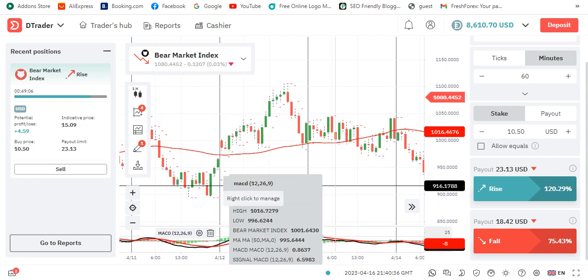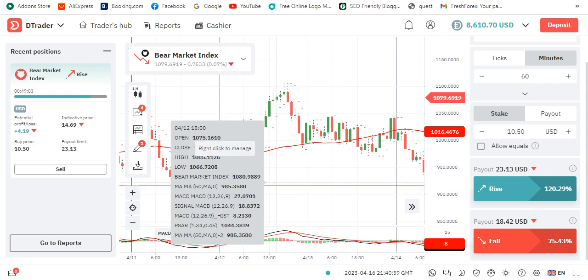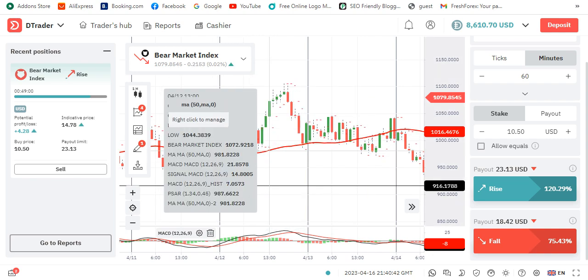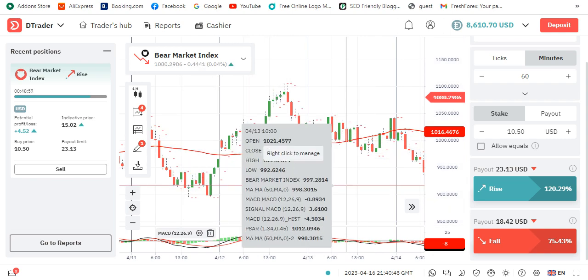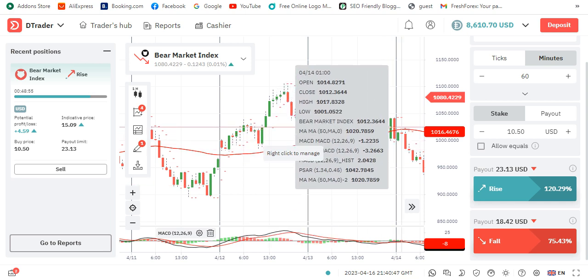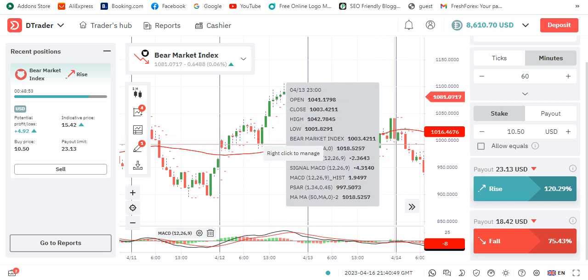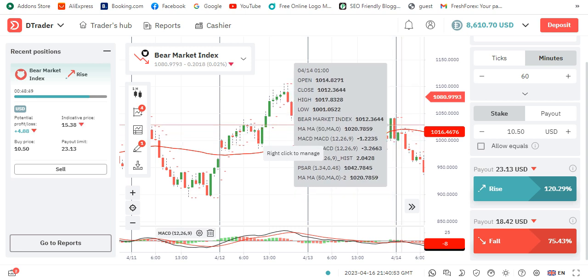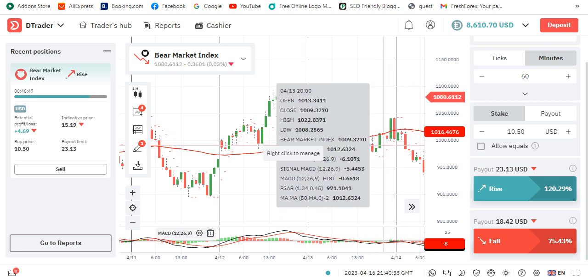So you can see what happened here. You see the moving average is below the candle, and the parabolic is below the candle. So even if maybe you are asleep at this point, by the time it got here, it pulled back.